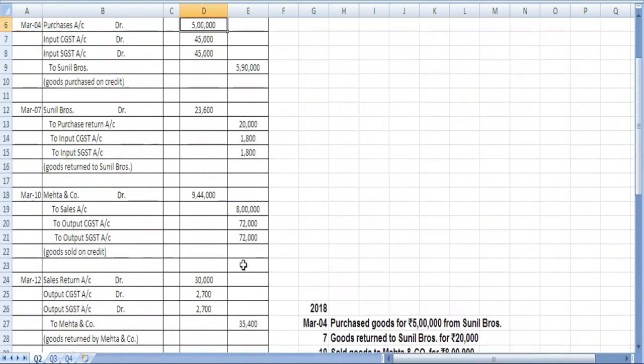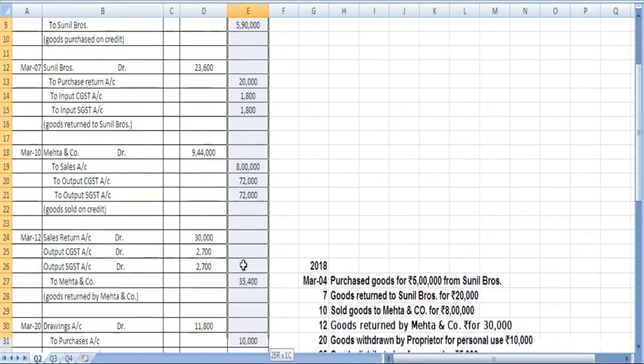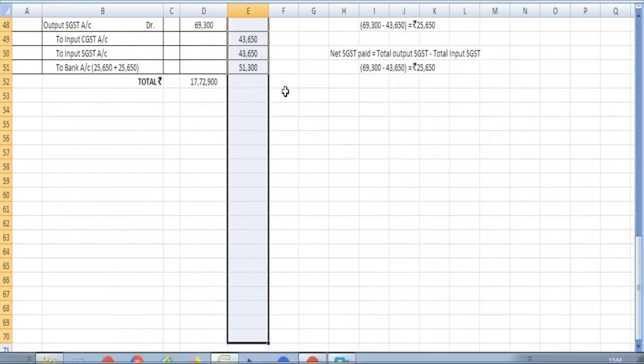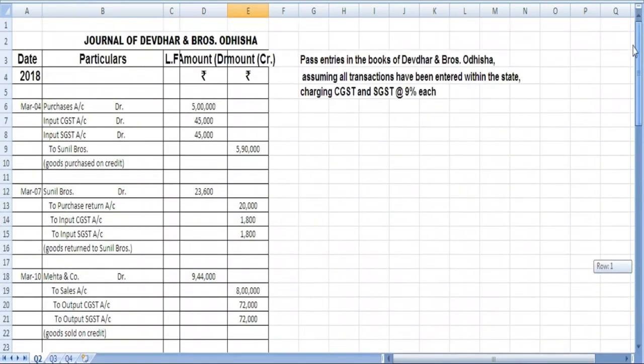On the credit side also, let us check. On this side also it is coming 17,72,900. So here students, whenever we have to charge the GST, along with the purchase we write input, along with the expense we write input. But if we have any return, or any fire loss, or any free sample, then whatever we debit we will credit.